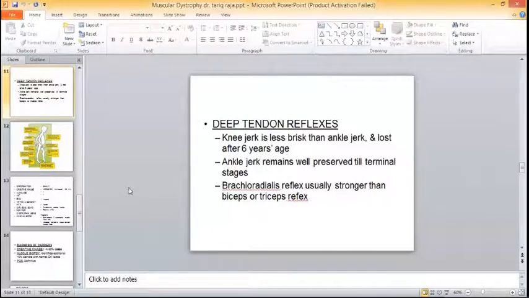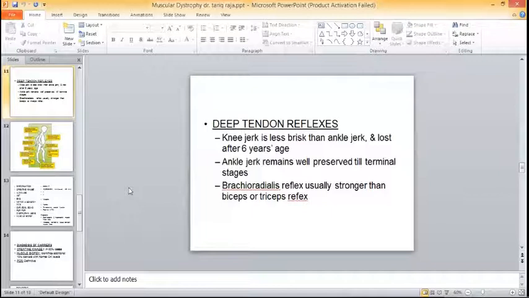Last but not the least, the clinical part: deep tendon reflexes. As I have been discussing in my whole presentation, there are differences between the proximal and the distal groups. So the knee jerk is less brisk than the ankle jerk and is lost after 6 years of age. Similarly, the ankle jerk remains well preserved till terminal stages. So the more proximal the joint is, the more chance it gets involved.